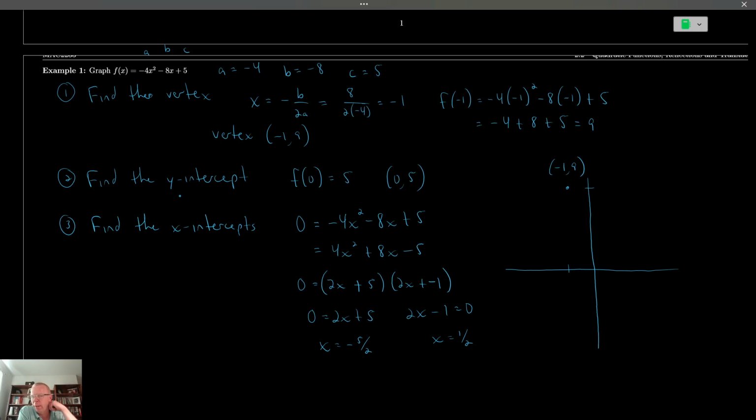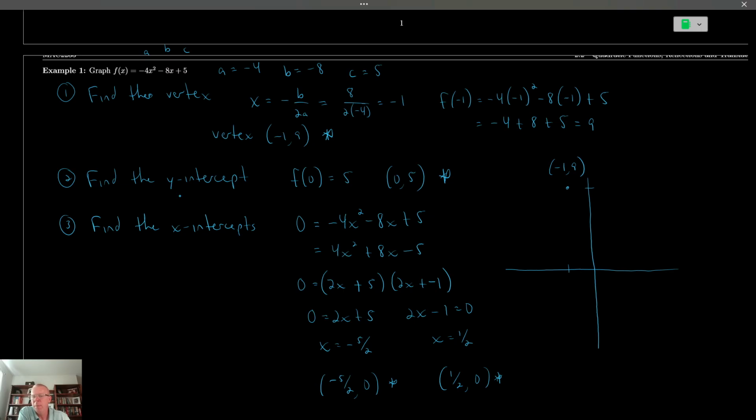So as long as you can draw this semi-accurately, you're going to be good. We need to get the y-intercept on there, and then negative 5 halves, 0, and 1 half, 0. If you plot all of these points, then you can get the shape of the graph.